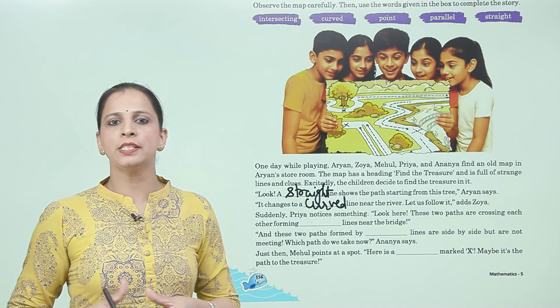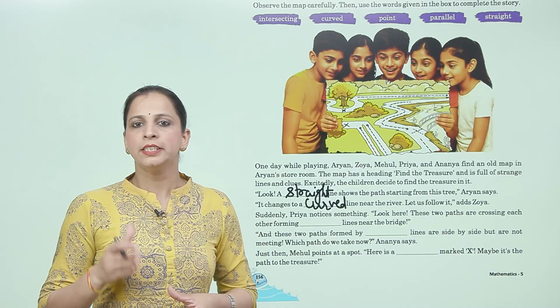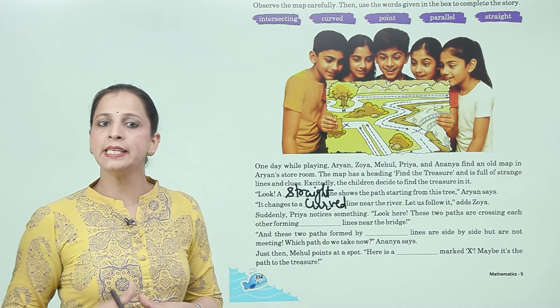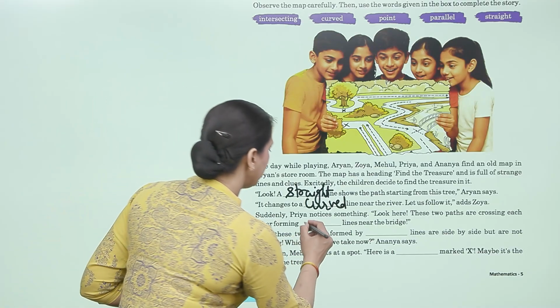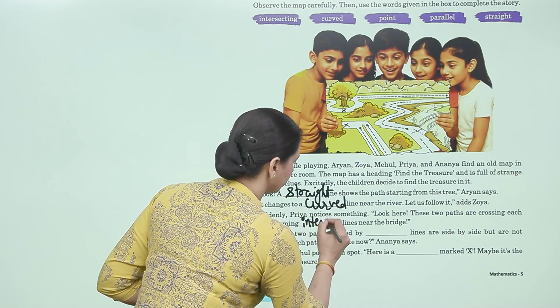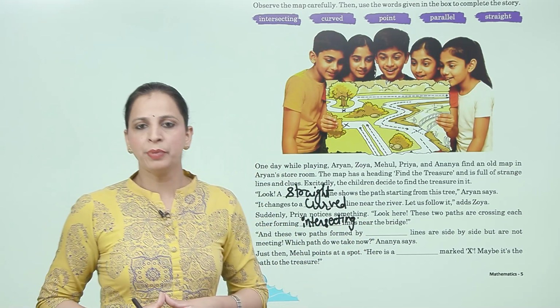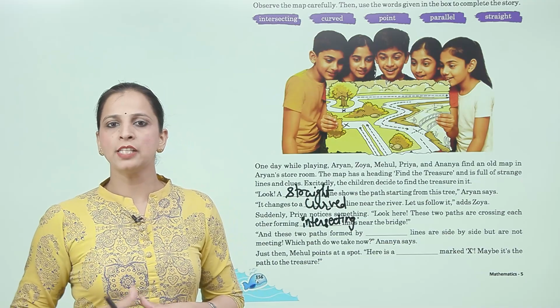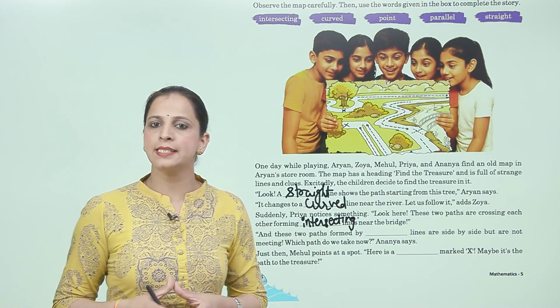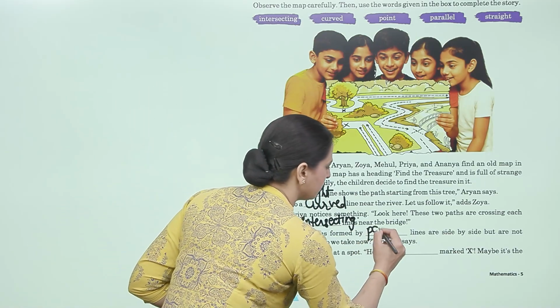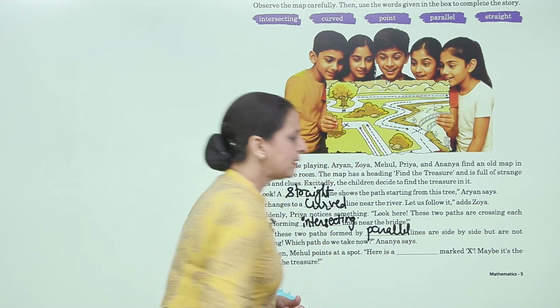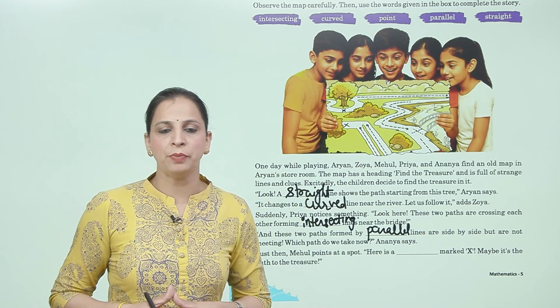Suddenly, Priya notices something. Look here, these two paths are crossing each other, forming intersecting lines near the bridge. And these two paths formed by dashed lines are side by side, parallel lines. Side by side but are not meeting.